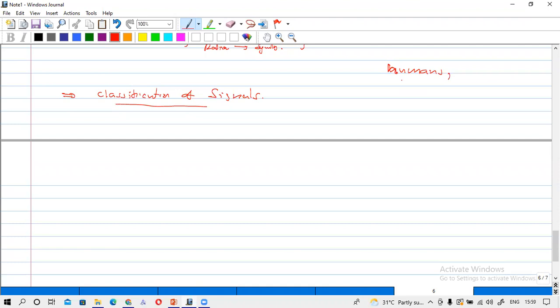Based on different parameters, we can classify humans. For example, we can classify based on their qualities or attitudes.